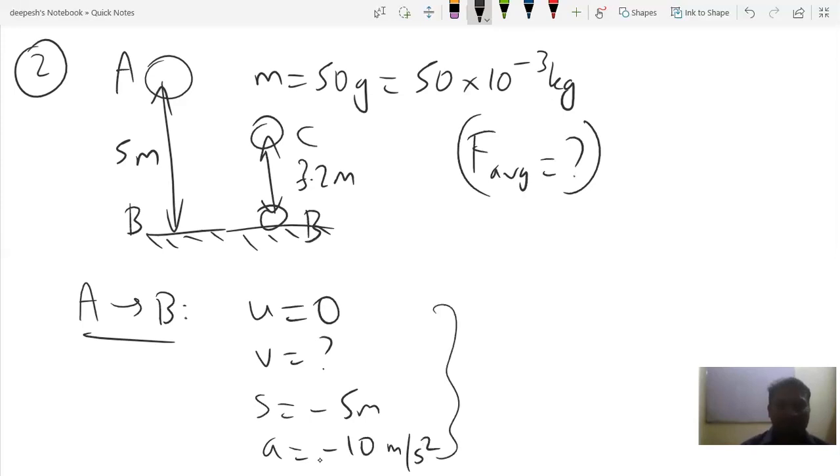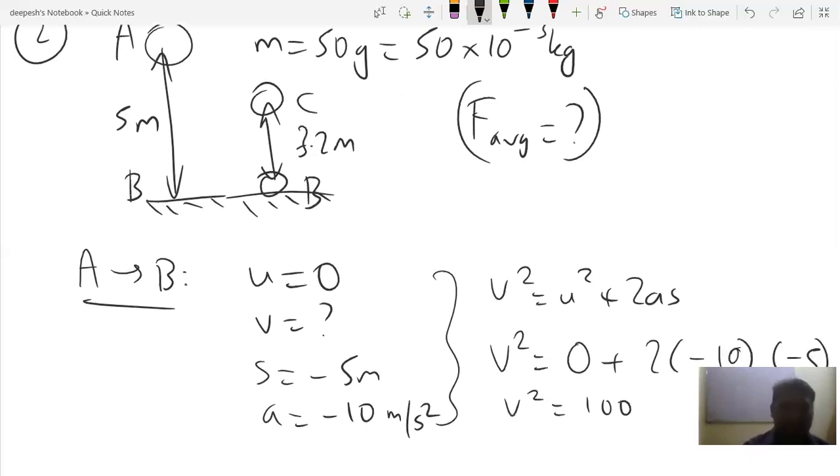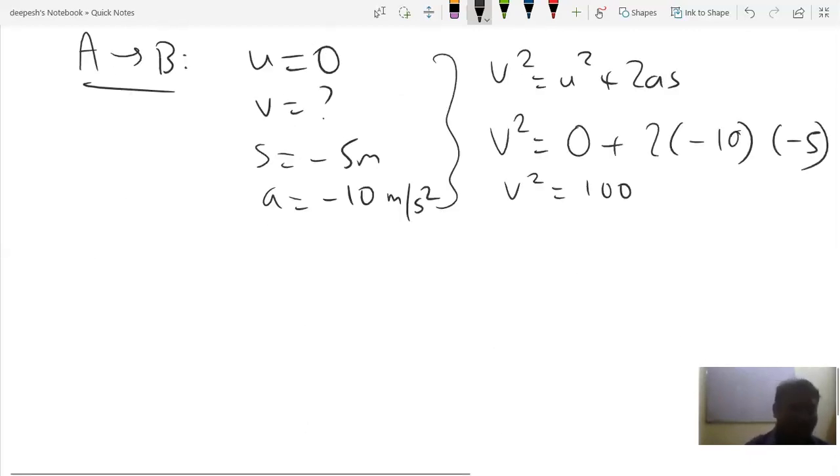So let us use the kinematic equation. v square is u square plus 2as. So v square is 0 plus 2 into acceleration, which is minus 10, into displacement, which is minus 5. So v square comes out to be 100, which gives us the value of final velocity v as 10 meters per second in downward direction.